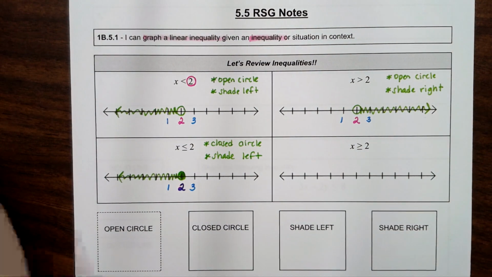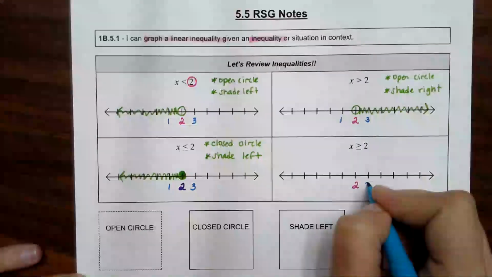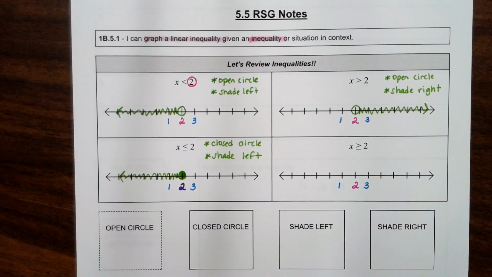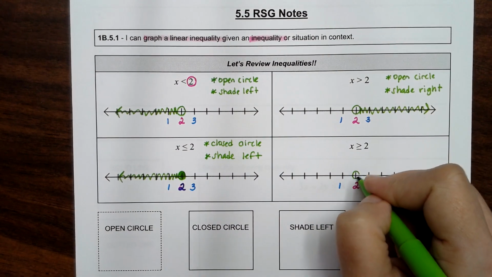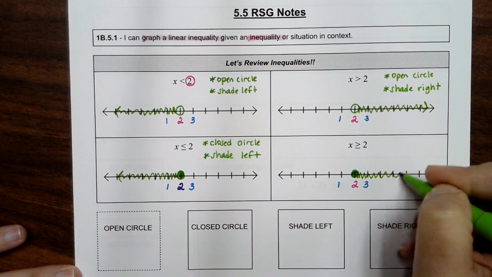And finally, if our problem said x is greater than or equal to the number 2, we would have the number 2. We would have one number that's bigger and one number that's smaller. We would use a closed circle because this time there is an equal to, and we would shade to the right.